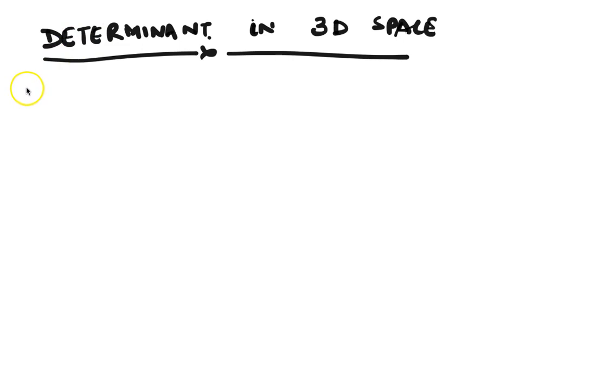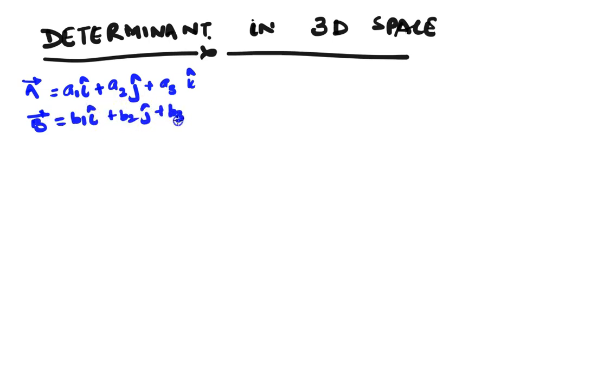Okay, so let's consider three vectors. A vector as A1 i cap plus A2 j cap plus A3 k cap, B vector as B1 i cap plus B2 j cap plus B3 k cap, and C vector as C1 i cap plus C2 j cap plus C3 k cap.